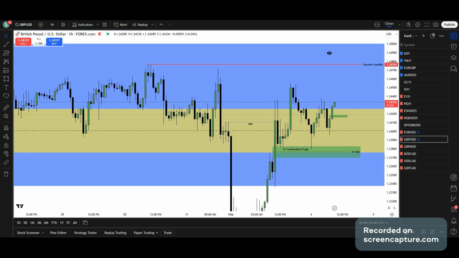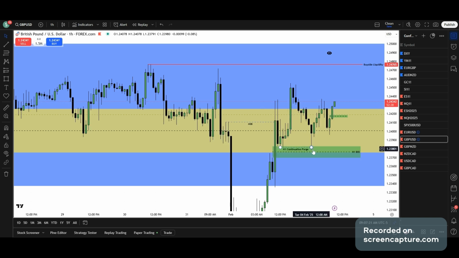Zooming back out. So my entry was based on the 15-minute time frame. So usually, if I'm going from monthly to daily to 1 hour with the market maker model, I'd like to enter on the hourly when I'm using a monthly key level.